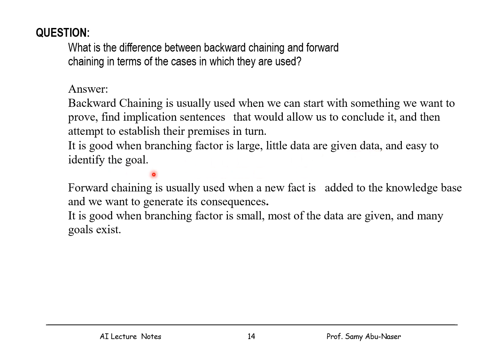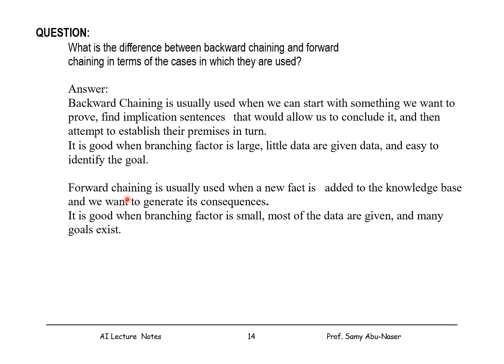This is very important. If the goal cannot be identified easily, we cannot use backward chaining. So when do we use backward chaining? When the branching factor is large, few facts are given, and the goal is easy to identify.